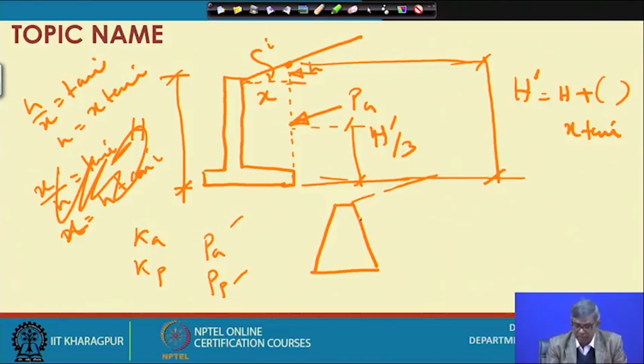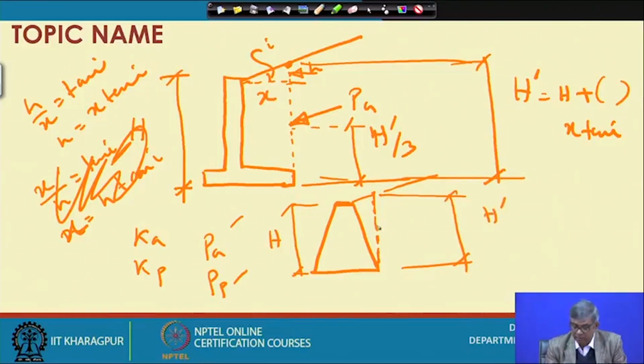Similarly, a gravity retaining wall is sometimes like this. In that case, how do we do this? For this case Coulomb's theory is more applicable. So instead of using Coulomb's theory, what we can do is draw a vertical line from here, and whatever height was here, h, this height can be obtained as h dash.